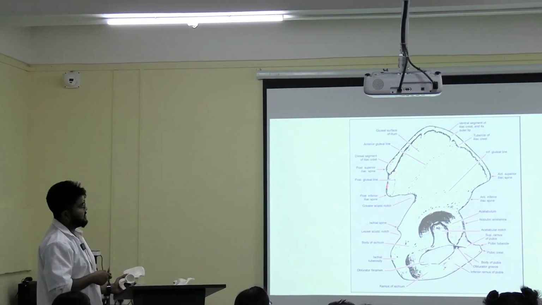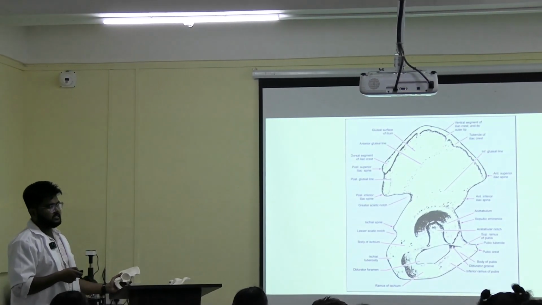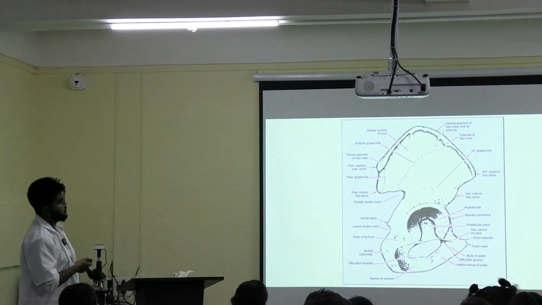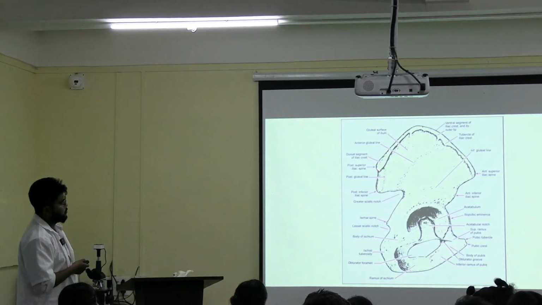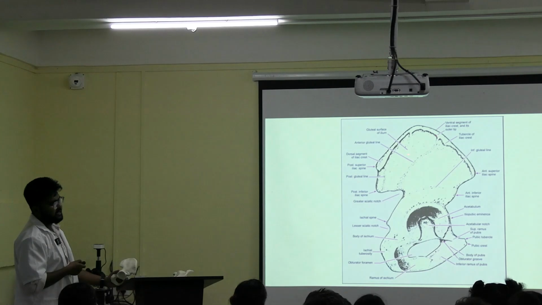By the presence of three gluteal lines, the gluteal surface is divided for four muscles. One is gluteus maximus, another is gluteus medius, another is gluteus minimus, and another is rectus femoris.